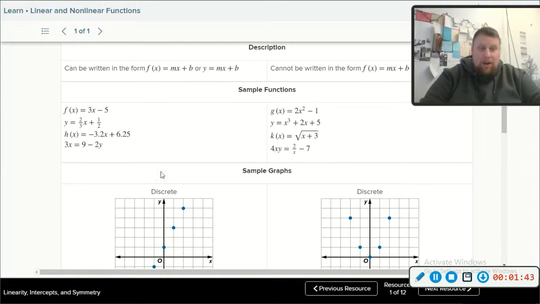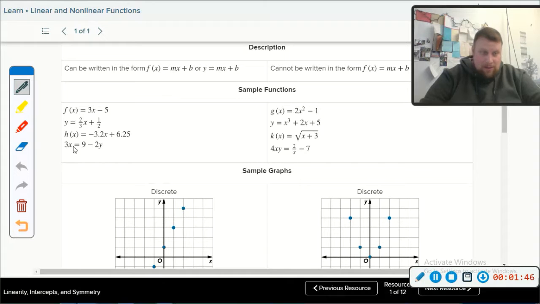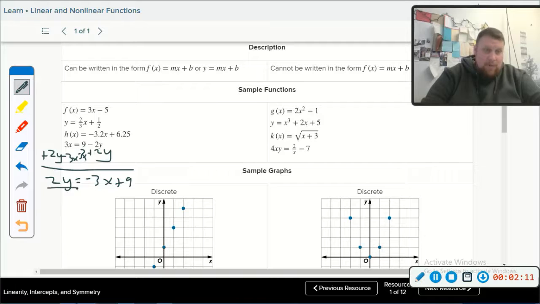This one right here, all I got to do is add 2y over, subtract 3x over, and I end up with 2y equals negative 3x plus 9. And I can divide both sides by 2, and we get that y equals negative 3/2 x plus 9/2. Again, mx plus b. It's a straight line.